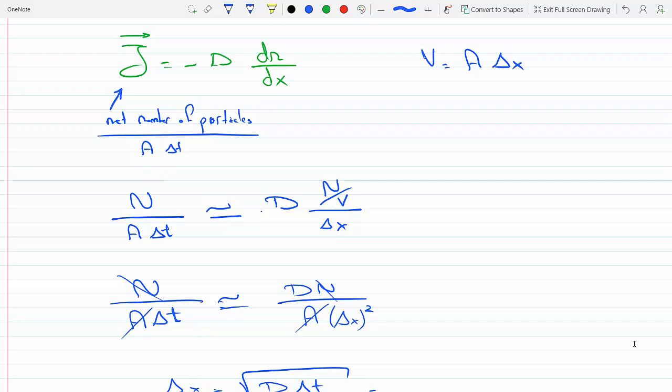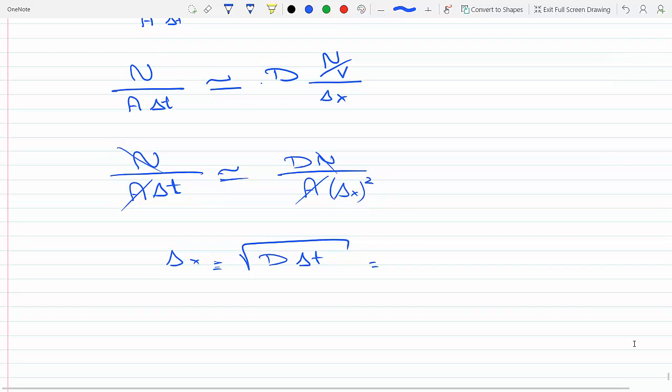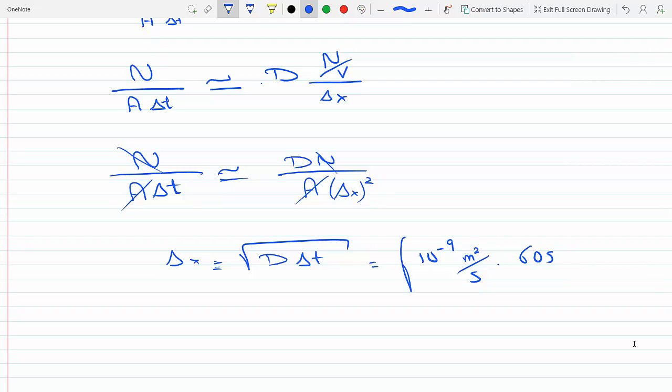It's on page 48. For sugar it's 10 to the minus 9, so this will be 10 to the minus 9 meters squared per second, times a minute, which is 60 seconds.